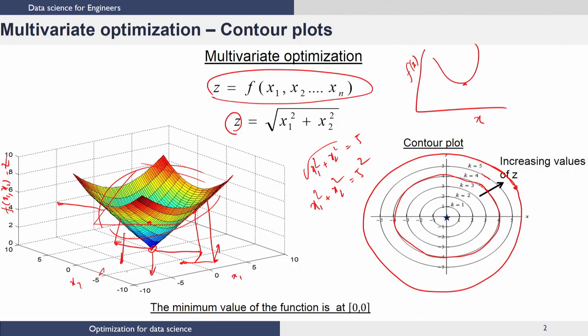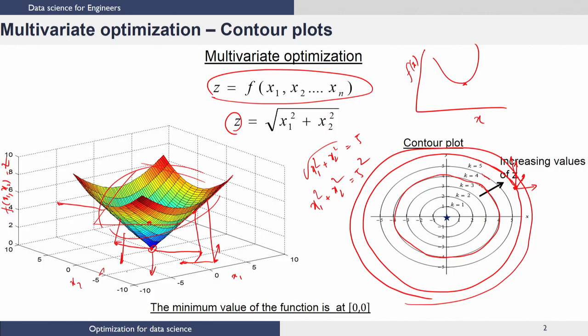I also know that as I go away from this point in this direction, to a new point, that would be on a contour where the value of k is larger than where I was here. So, that means I have increased my objective function. If I move in any of these directions, I am going to increase my objective function.